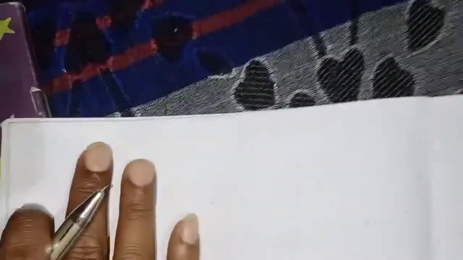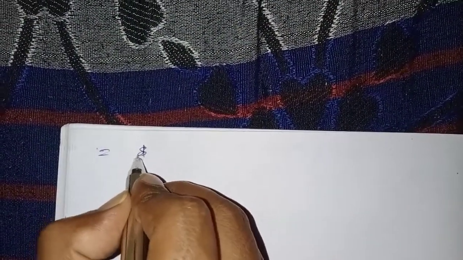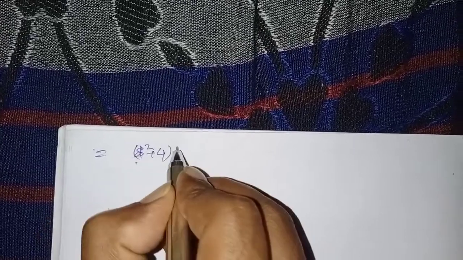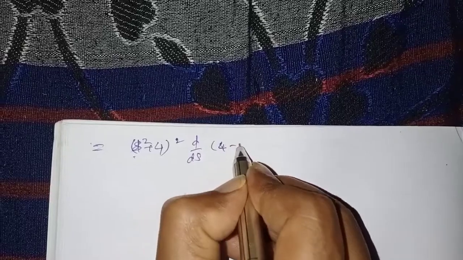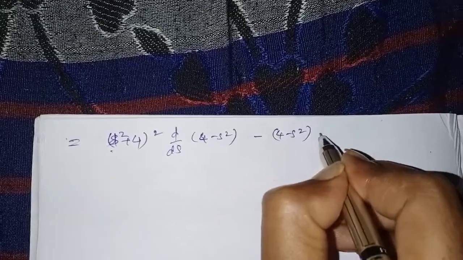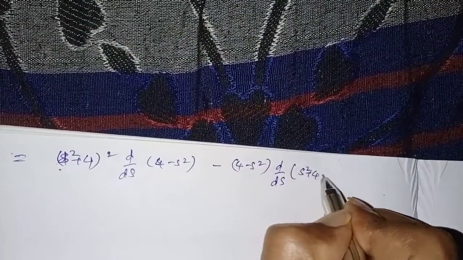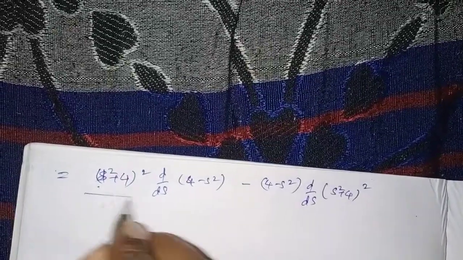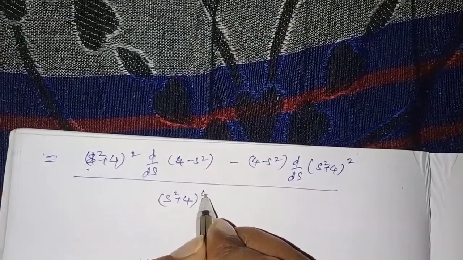Which is equal to (s square plus 4) whole square d by ds of (4 minus s square) minus (4 minus s square) into d by ds of (s square plus 4) whole square, whole upon (s square plus 4) whole power 4.